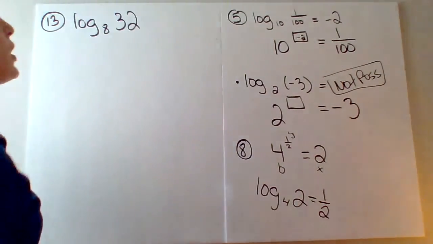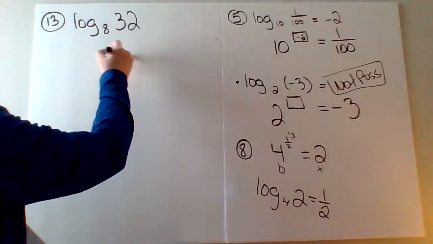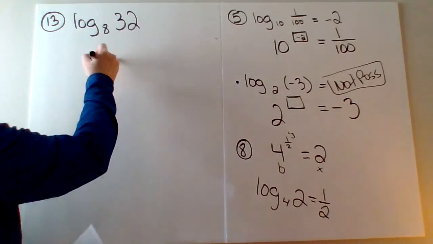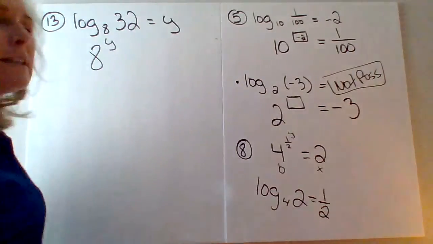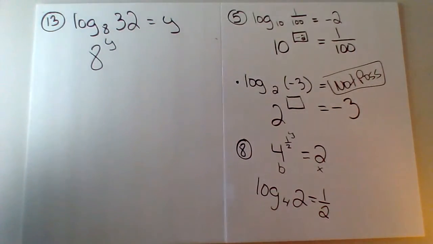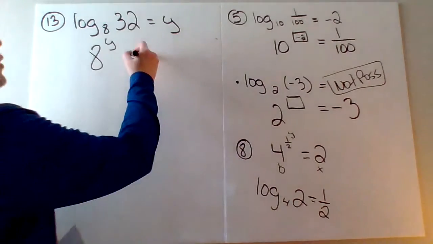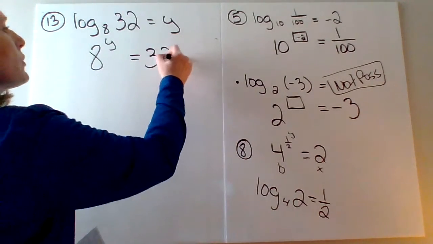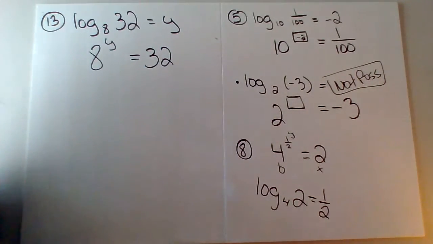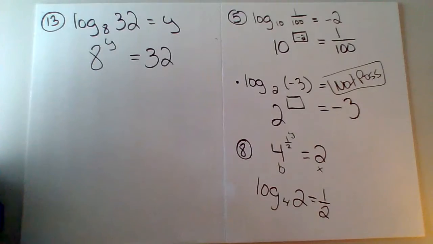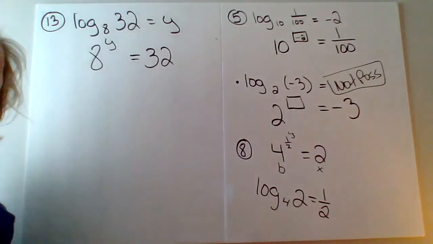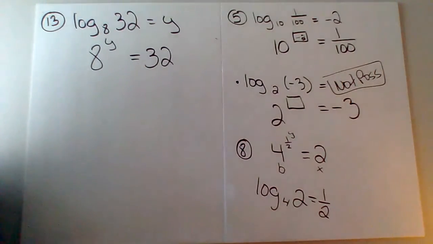So the log is the exponent. That means I have to take 8 raised to some power. This is the one time you can fudge in an equals y. 8 to the y equals 32. If you have to evaluate a log, the first thing I would do is put it in exponential form.